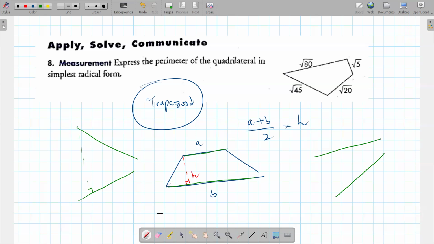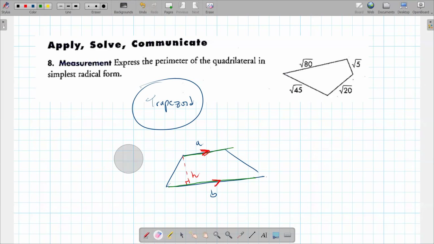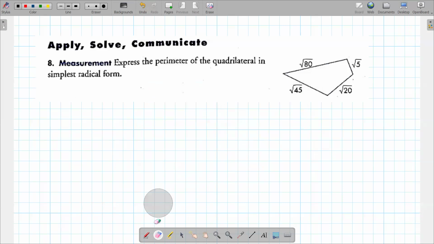No. So in a trapezoid, this line a and this line b have to be what? They can't ever touch, even if you extend them perpetually. What is that property called? Parallel. This line in a trapezoid has to be parallel, so although this has the shape of a trapezoid, it is not a trapezoid.